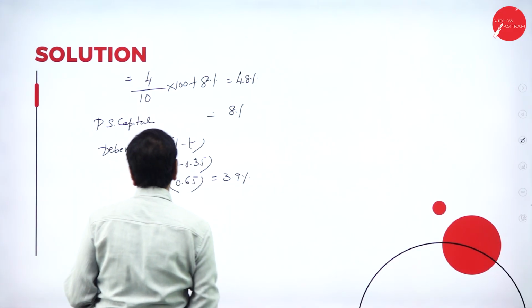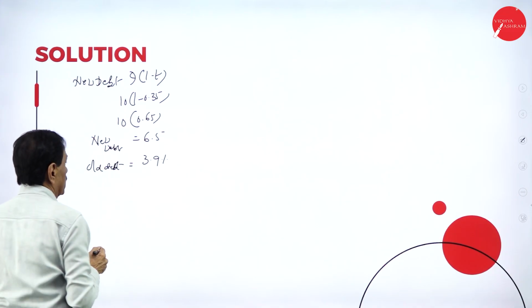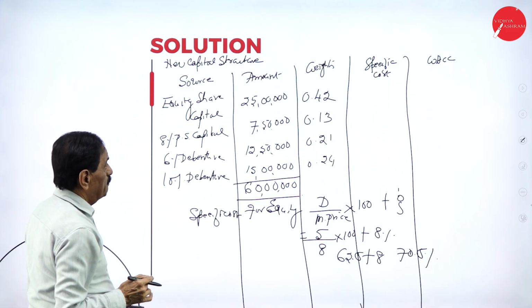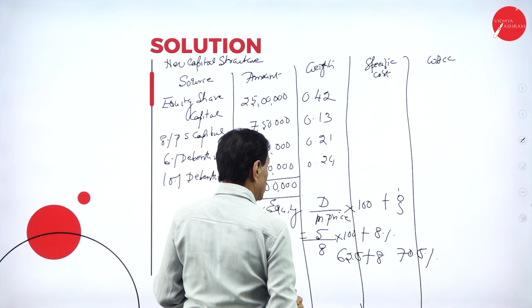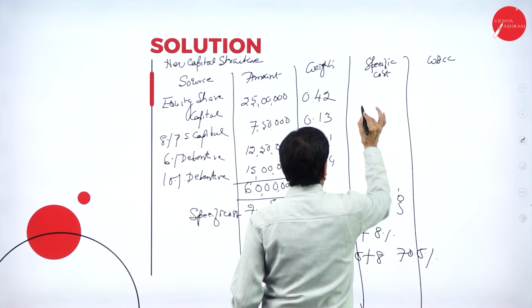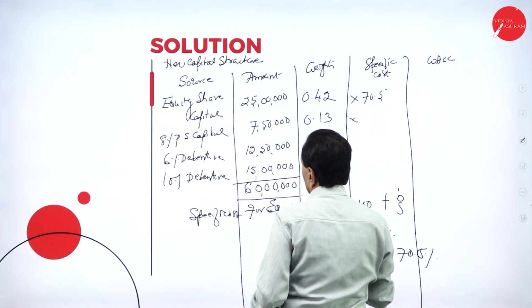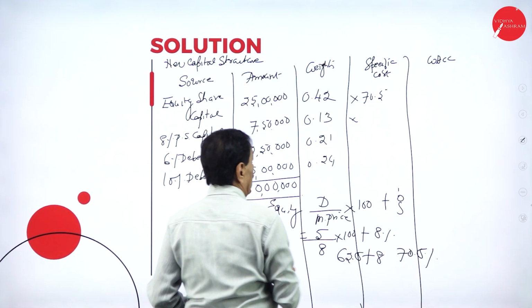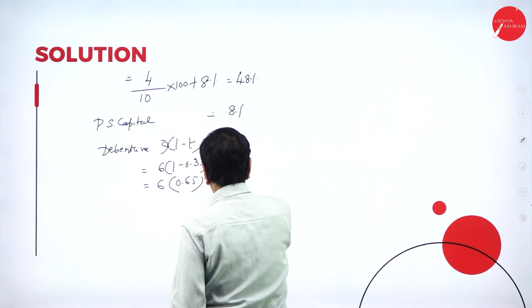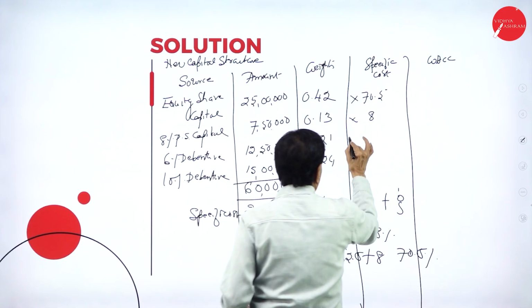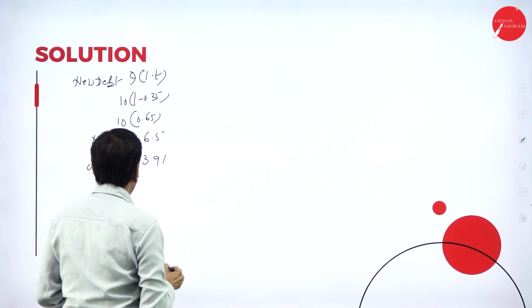Old debt is equal to 3.9. Now we'll apply the specific costs: 70.5 for equity, preference share capital same 8, 6% debenture old 3.9, new is 6.5.